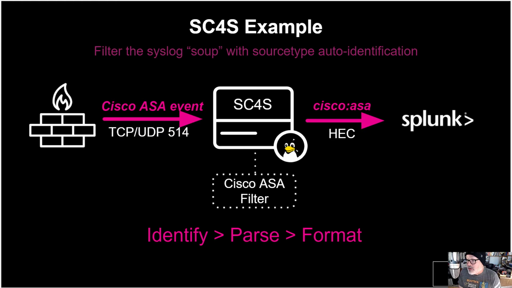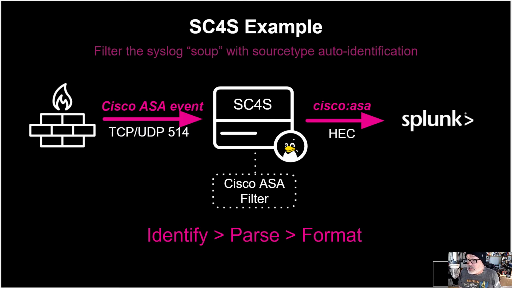SC4S ships with predefined filters for many of the leading network and security devices common to enterprise environments. Splunk's partner community is already contributing filter development, and the SC4S project is in continuous improvement, continuous development mode. So updates will be routinely landing for users.